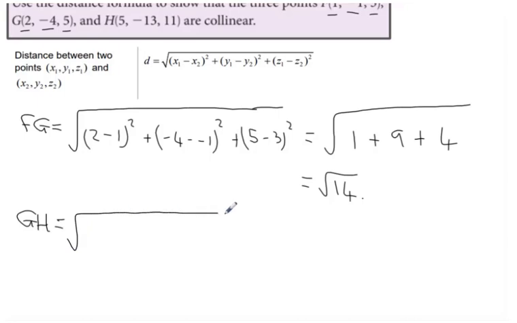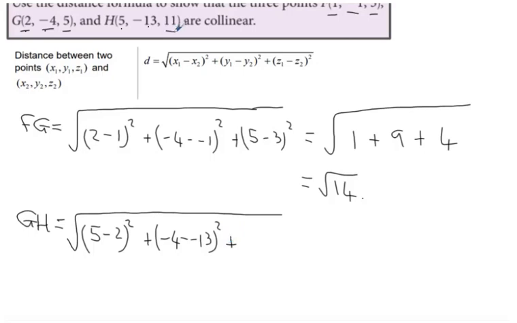equals the square root of, so compare the x-coordinates, you've got a 5 and a 2, so 5 minus 2, we square it, plus, look at the y's, you've got a minus 13 and a minus 4, so I think I might call that minus 4 minus minus 13. And then we square it, and now we need to do the same with the z's.